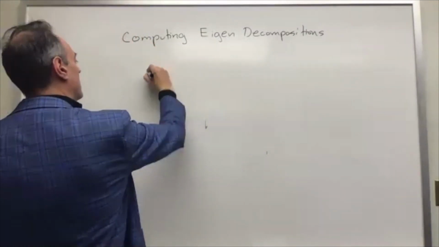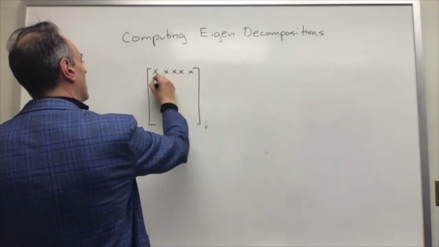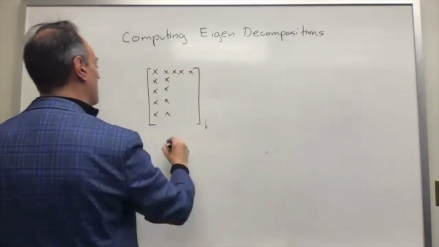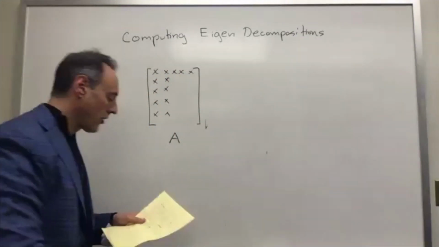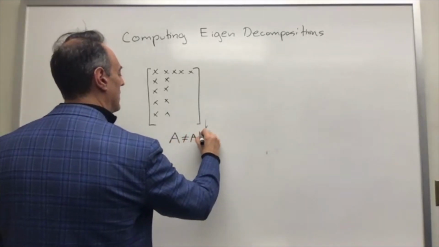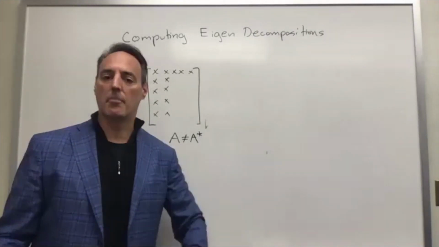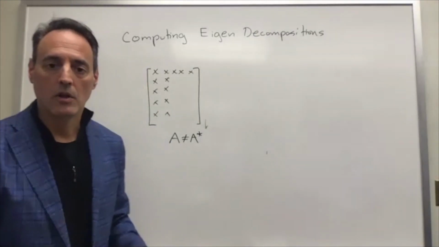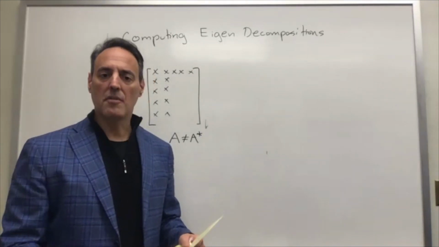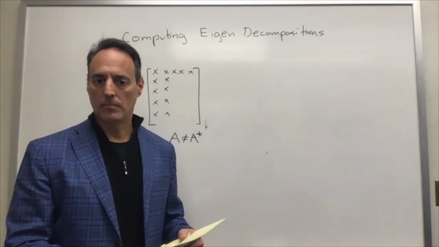So let's take some matrix. Here it is, some 5 by 5, something like this. This is A. So the goal, step one, and let's assume for a moment that it's not Hermitian. So this is just some generic matrix A, no special properties. Step one of this procedure is going to be to do a decomposition into what's called Hessenberg form.